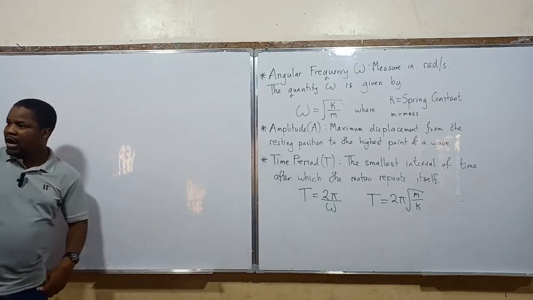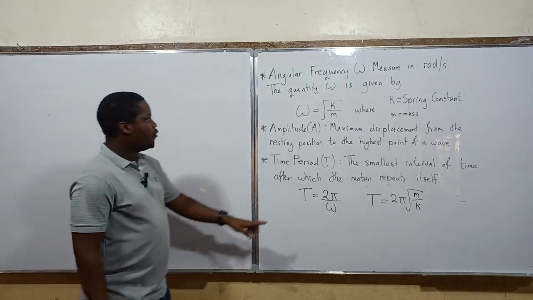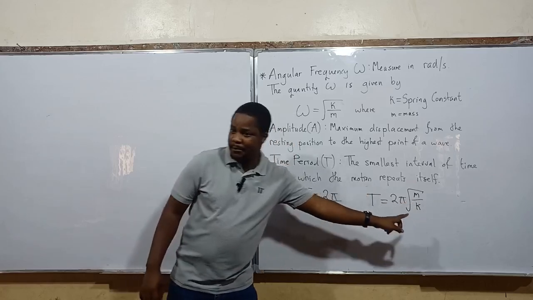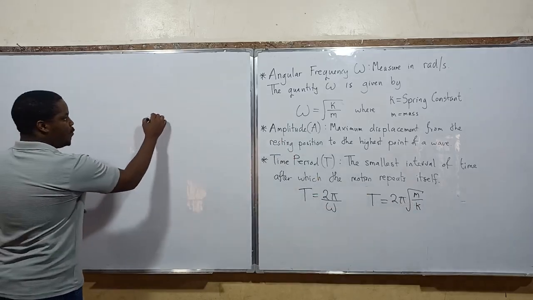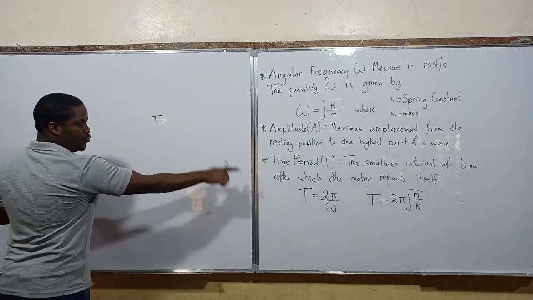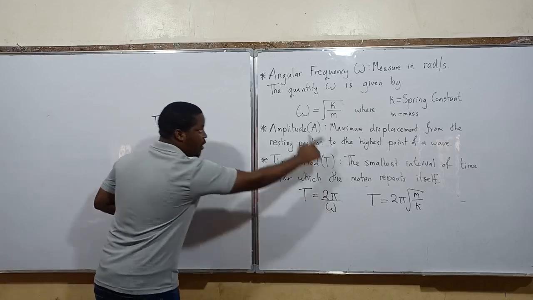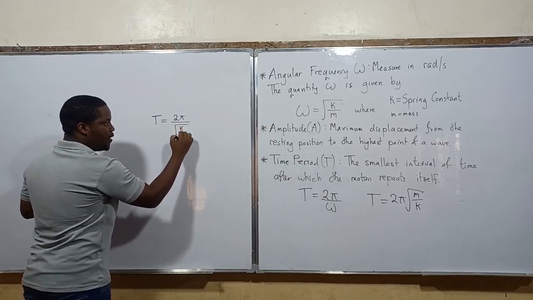Now, look at the difference. According to this, omega is the root of k over m, right? But here we have m over k. Why have we swapped them? This is what is happening. Remember, period is equal to 2 pi over omega, and omega is the root of k over m.